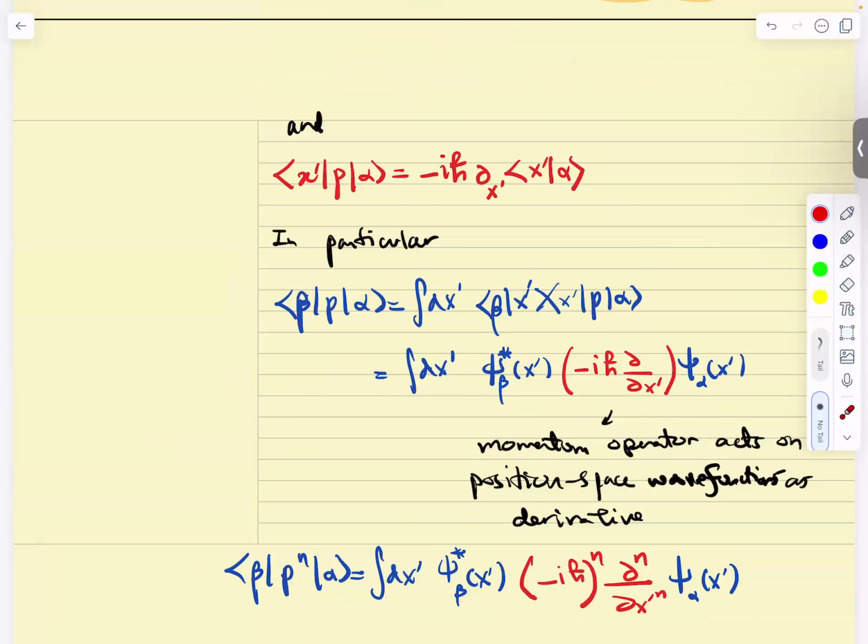Is that clear? Any questions? I'm tempted to say a few more words about the connection between the two, but maybe I should pause for your questions. If you're happy, I'm not going to say anything more.